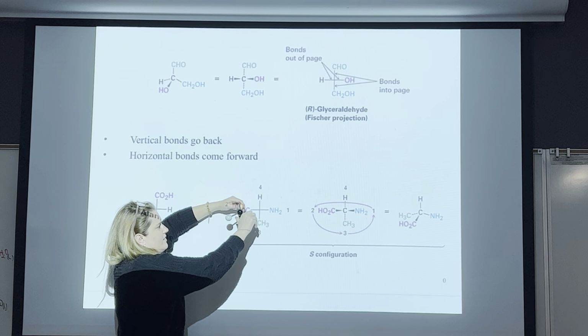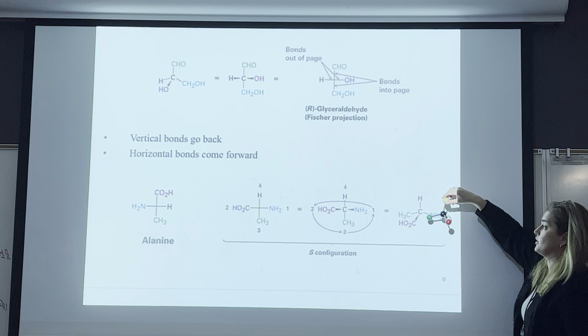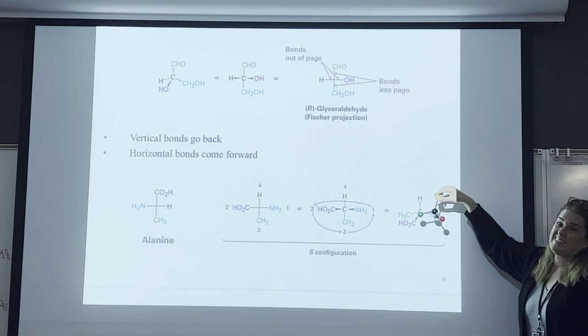And then this is the other way that we could draw it, like this. Putting the hydrogen up, and there we go, nitrogen's that way, the green one's down that way, and the red one's this way. So there's a bunch of different ways that you could draw it. It's going to represent exactly the same thing. Okie dokie smokies? So are we kind of okay with the Fischer projection?